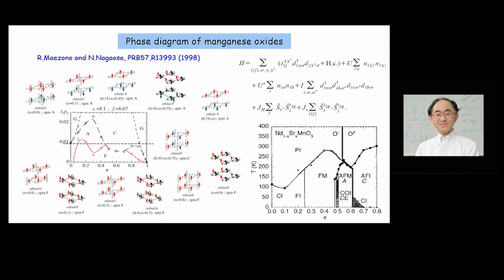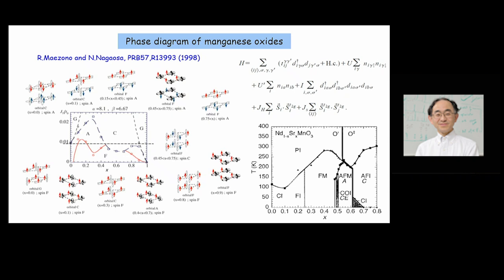We try to figure out this phase diagram in terms of a rather simple-minded Hubbard model, including the orbital degrees of freedom and also the Hund's coupling between the t2g electrons and conduction electrons. But the important thing is that the itinerancy of the conduction electron is essential to describe all this complicated phase diagram.